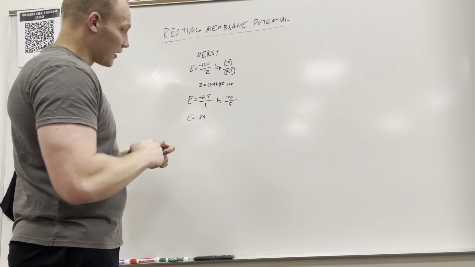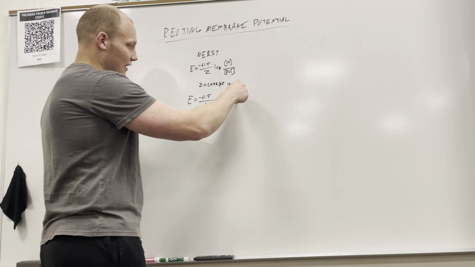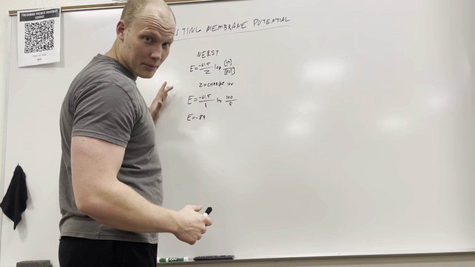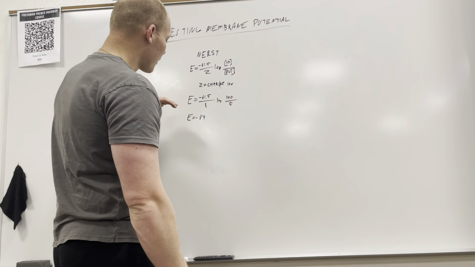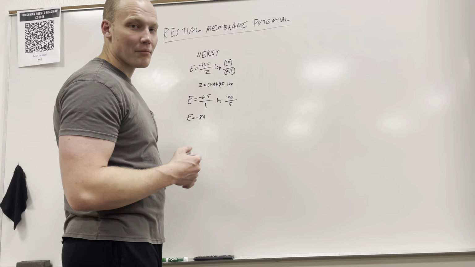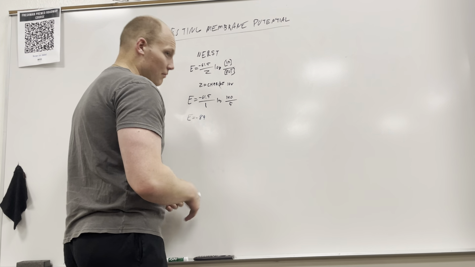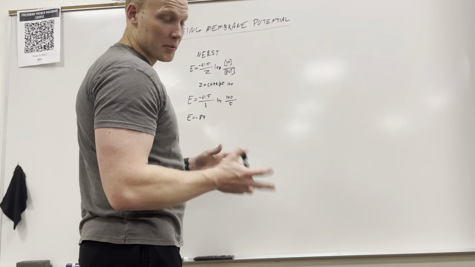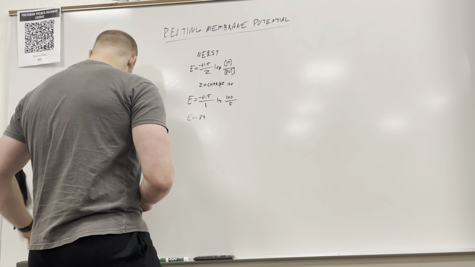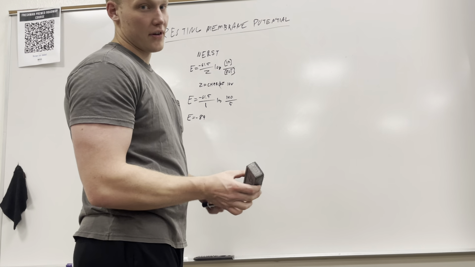So if these were the concentrations inside the cell and outside the cell, and we had a cell only permeable to potassium, its resting membrane potential would be at negative 89 millivolts. However, we know that the cells are permeable to things other than potassium. This leads us into driving force.